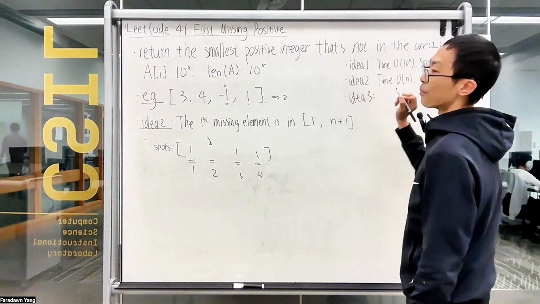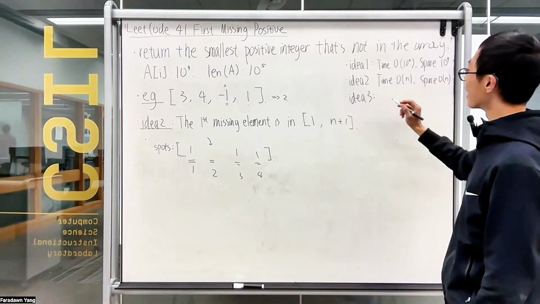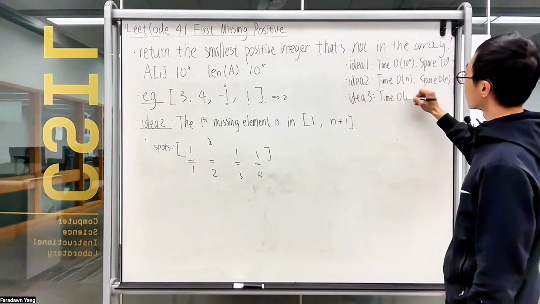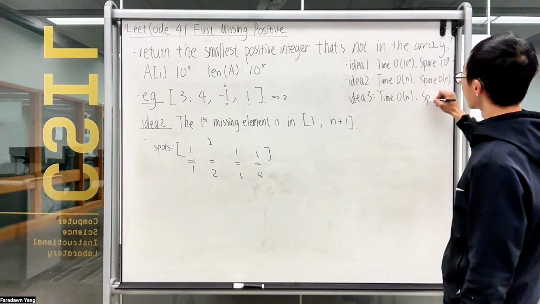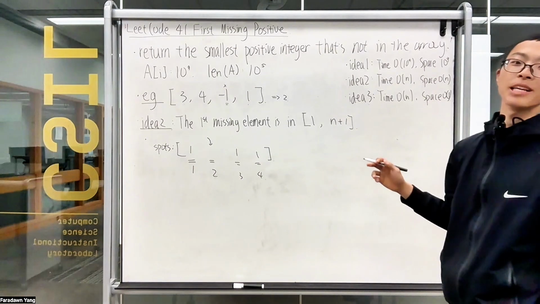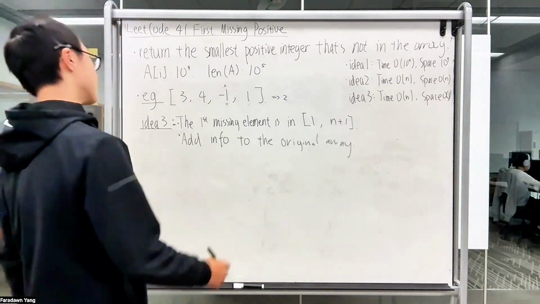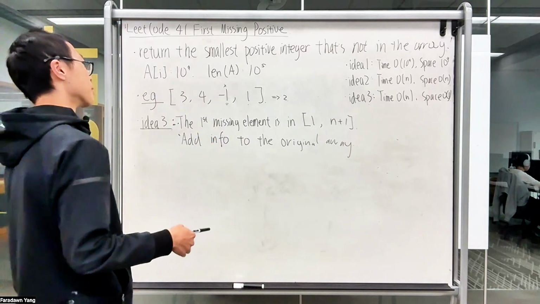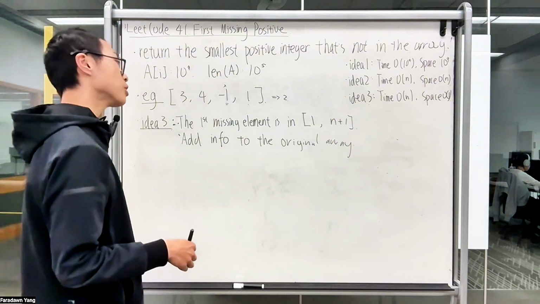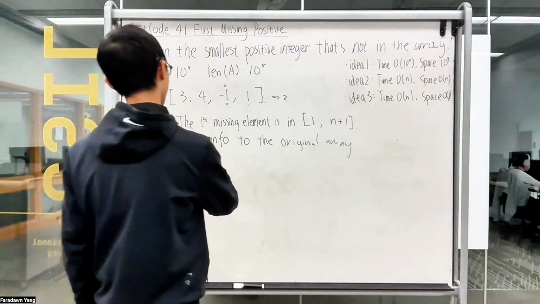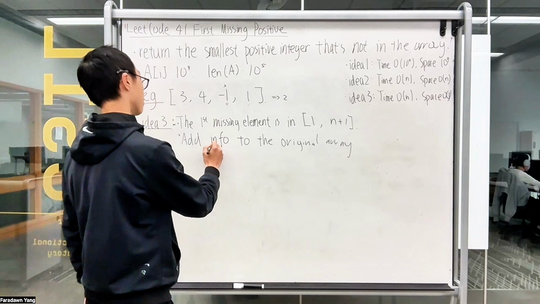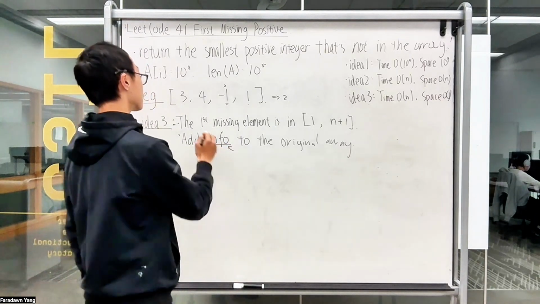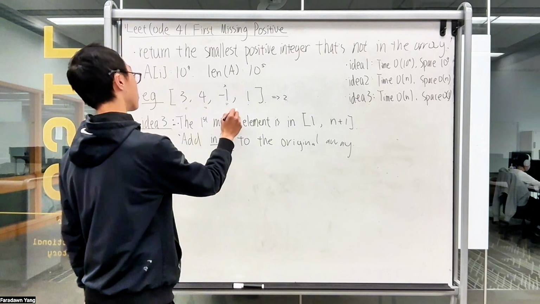Now, the most challenging part is if we want the time complexity to be O(n), but space to be O(1). Is there a way to achieve this? To achieve a space of 1, we will need to rely on the original array and add the information to the original array. This information will be whether the spot is marked or not.